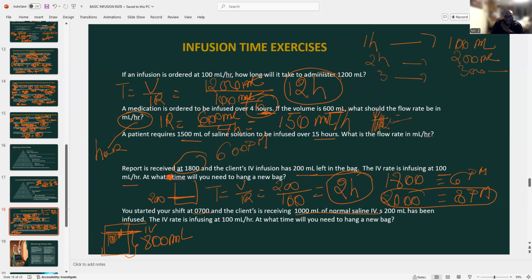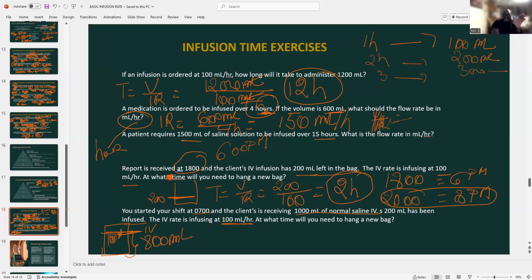Now we know the infusion rate is 100 milliliter per hour. So at 7 a.m., as I'm getting my report, that bag has infused 200 ml. I was not there when they started the 1000 milliliter. When I made it to my shift, 200 ml was already infused.